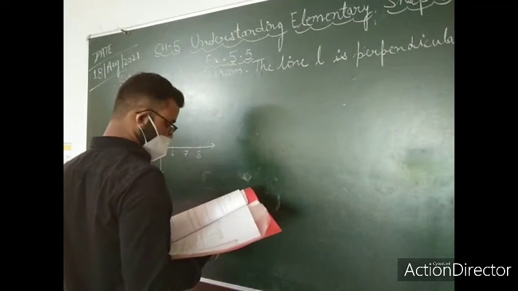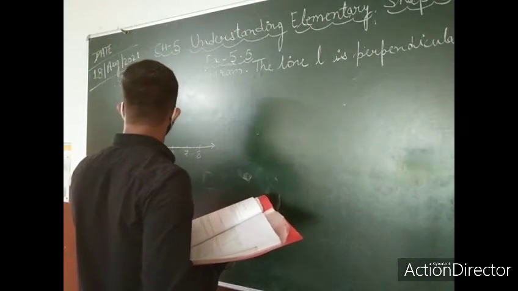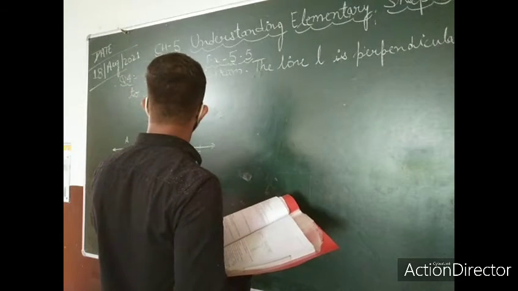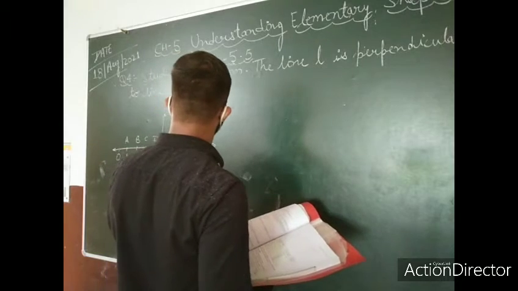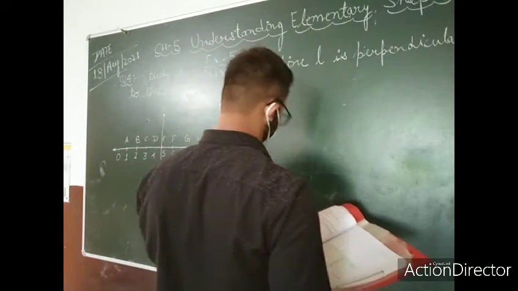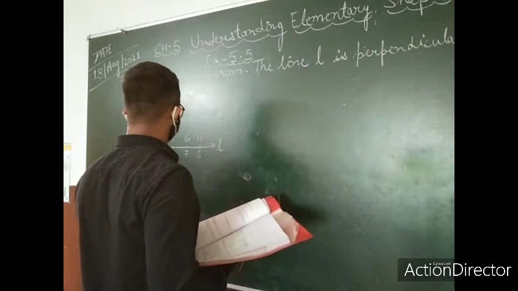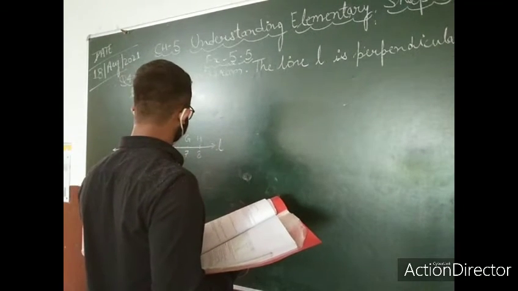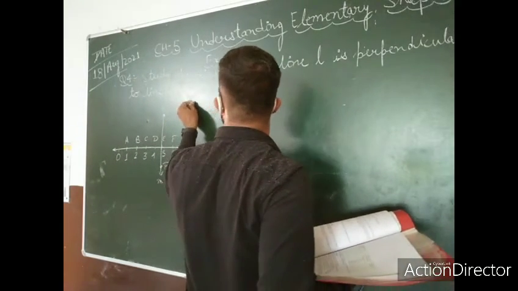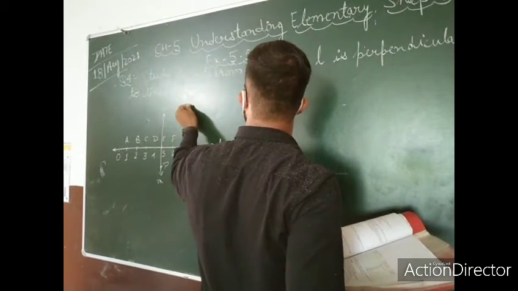Here we write A, B, C, D, E, F, G, H, and this is line L, and this point is P, and this is line M, right?